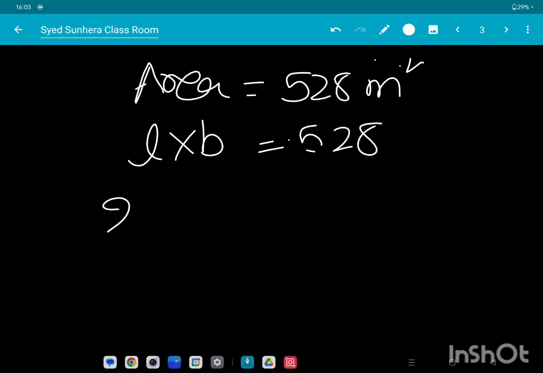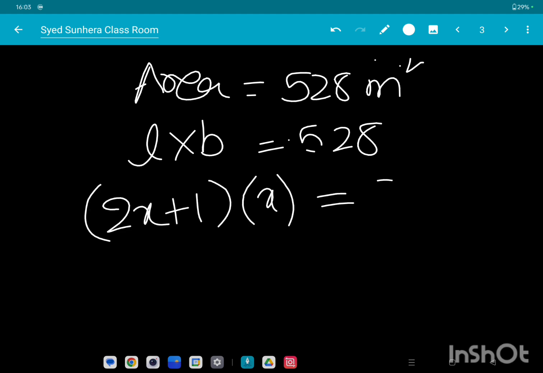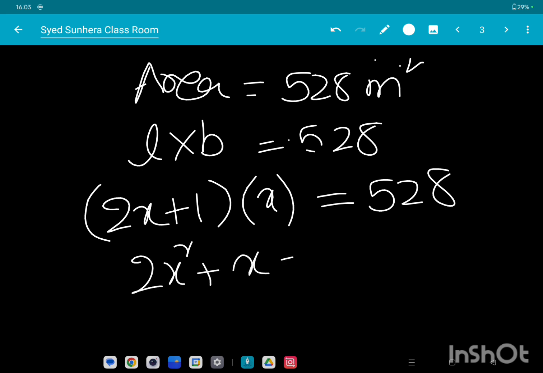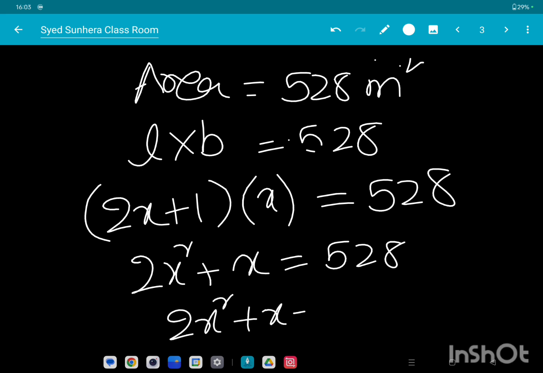Length is 2x plus 1 into breadth is x is equal to 528. Now multiply 2x into x, 2x square plus x is equal to 528. Now this 528 will come to this side. It will become 2x square plus x minus 528 is equal to 0. This is a quadratic equation because here the degree is 2.